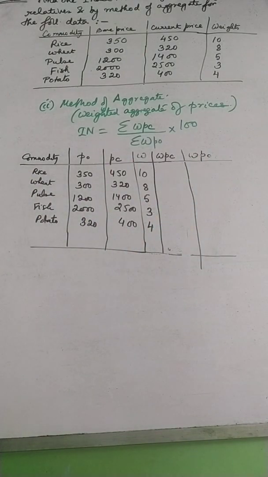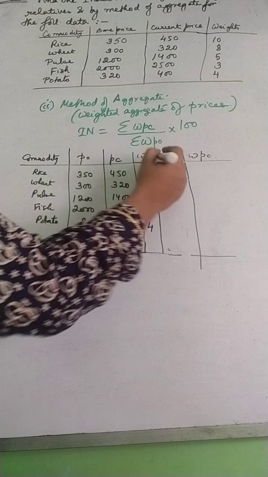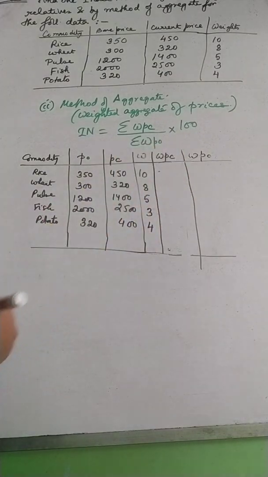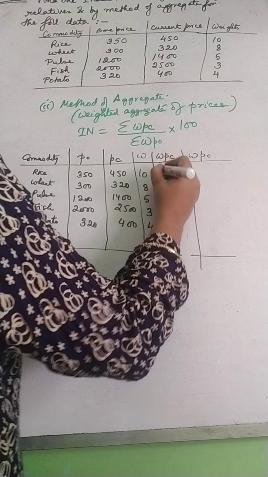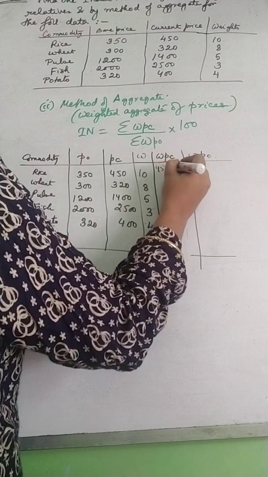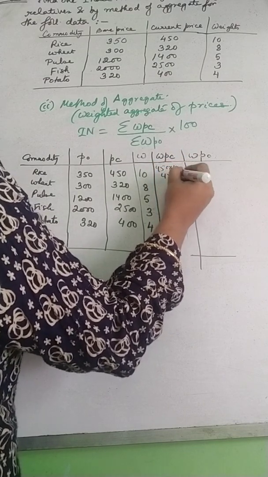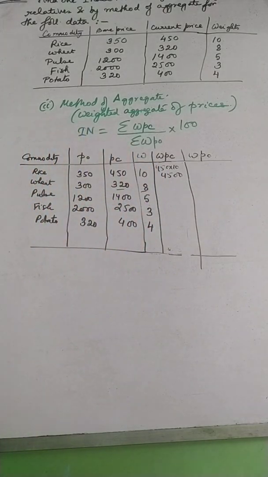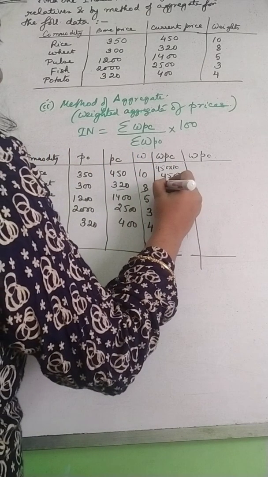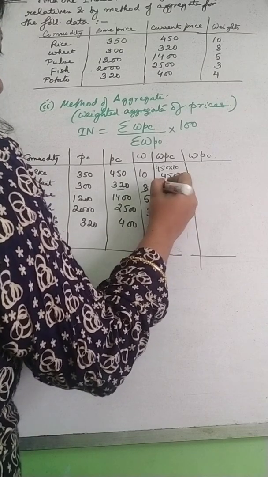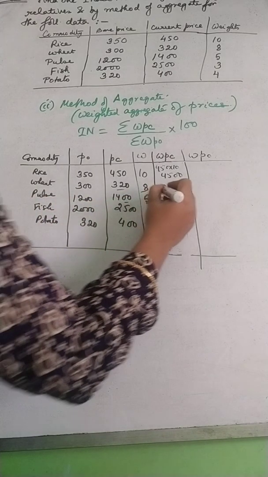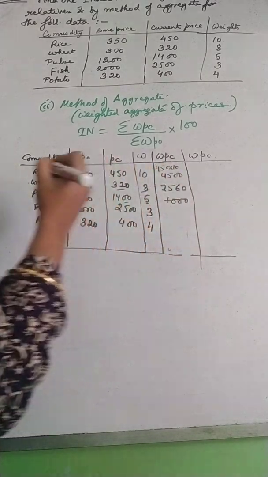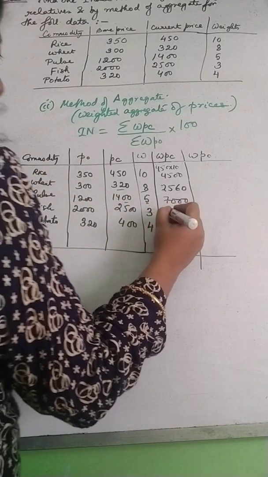Let us fill in. WPC, be careful, is 450 into 10, which gives you 4500. 320 into 8 gives you 2560. 1400 into 5 gives you 7000. 2500 into 3 gives 7500.